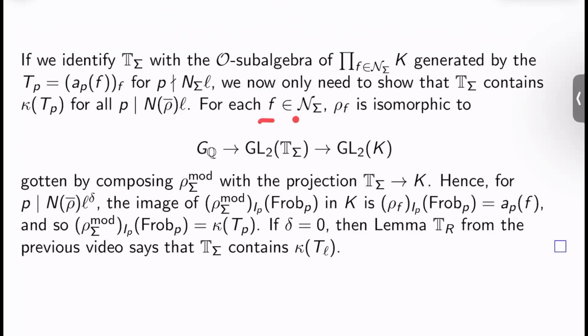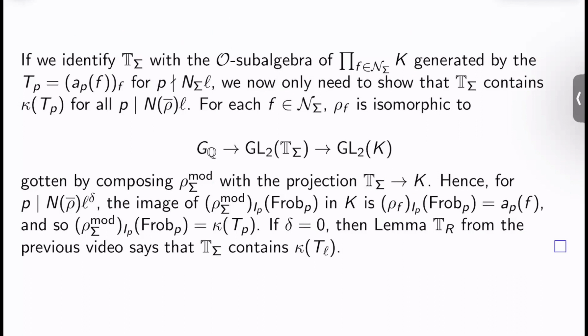Now, for each f in cal N sub sigma, rho f is isomorphic to the following composite, the map from GQ to GL2 of T sub sigma to GL2 of K, gotten by composing the universal type sigma modular deformation with the projection from T sigma to K under this identification up here. Okay.